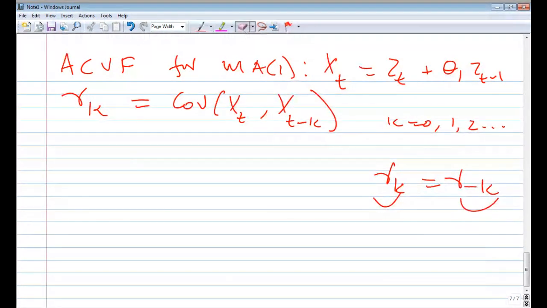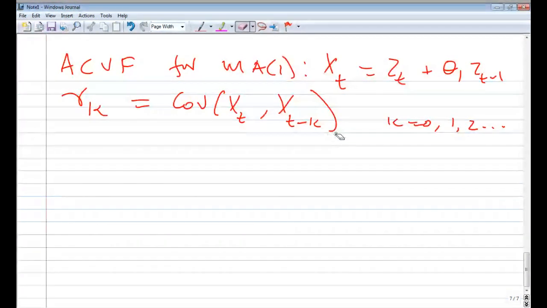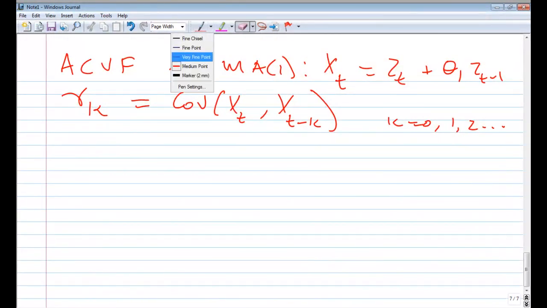So in this regard, we just choose to use Xt minus K instead of Xt plus K. So it's the same thing.